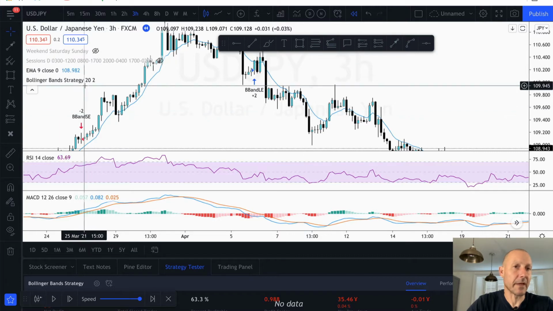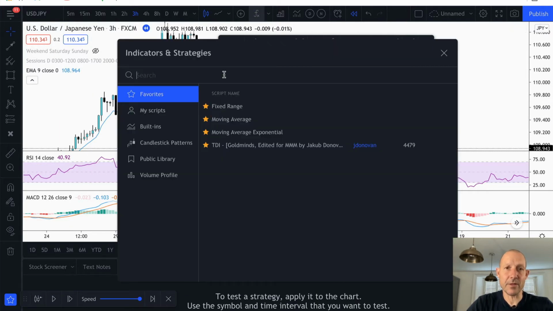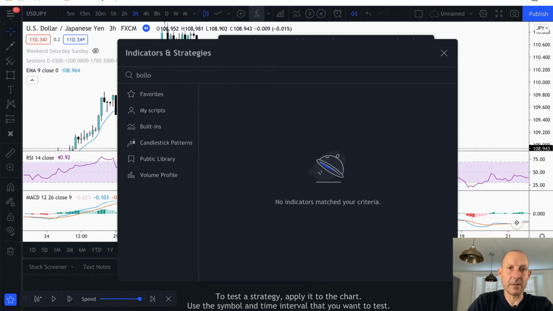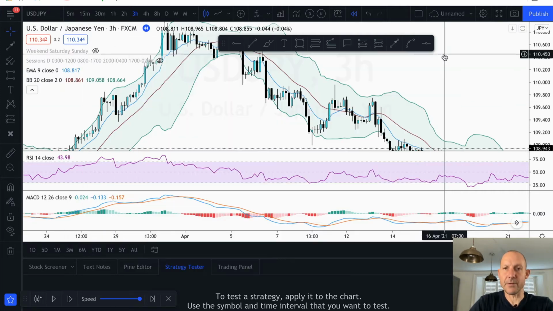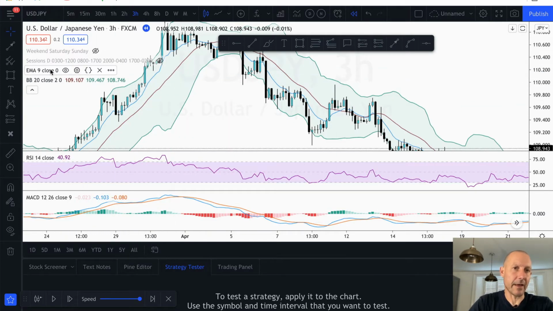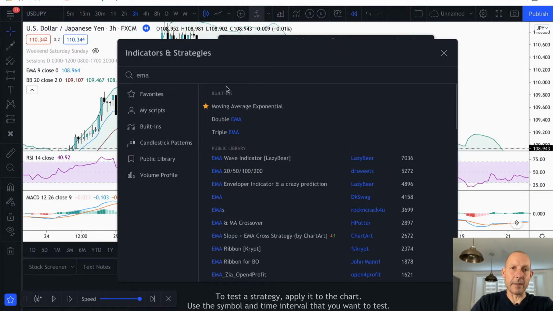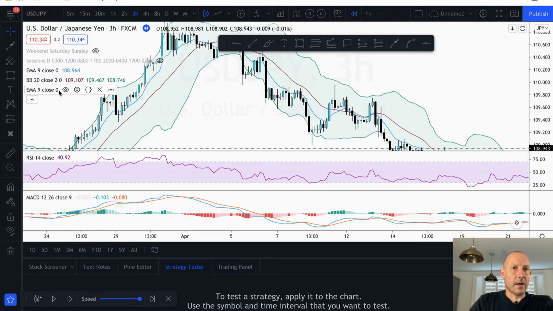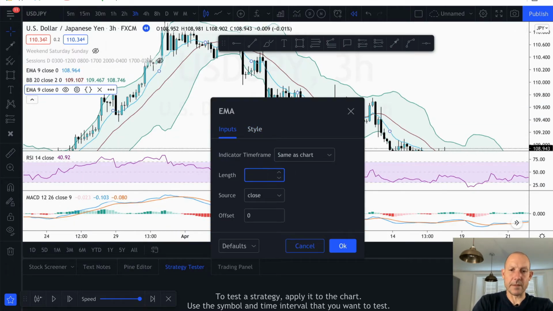I've got some weird thing going on with those. Let's put some proper Bollinger Bands. There we go. We now have some Bollinger Bands. And let's put another EMA on as well, just so that I can help explain EMA. And let's make this EMA 50.